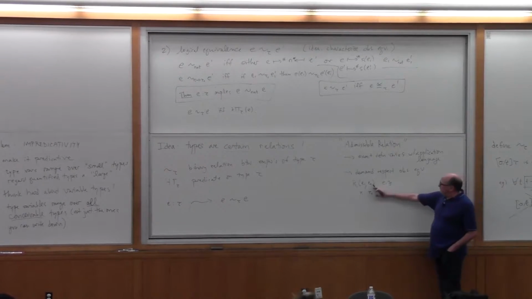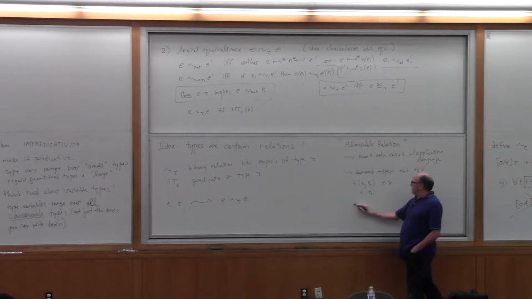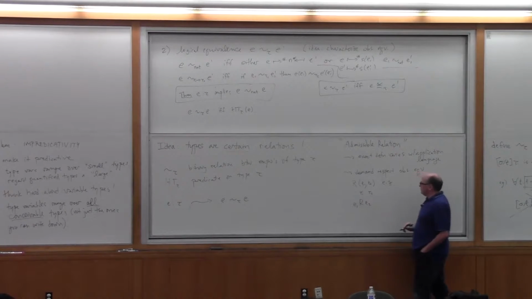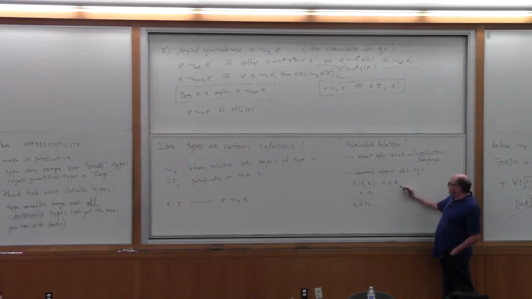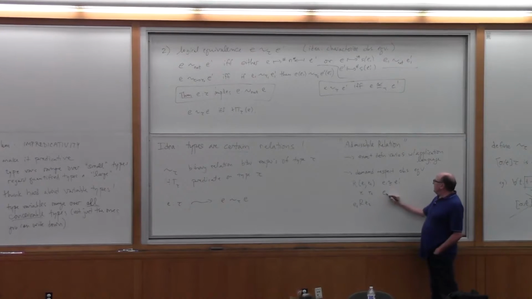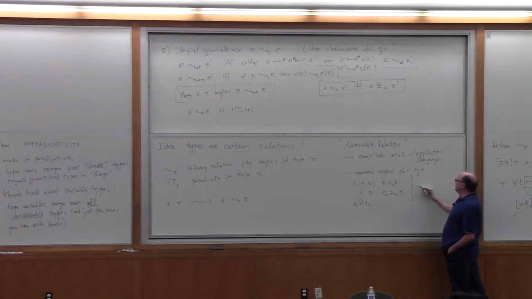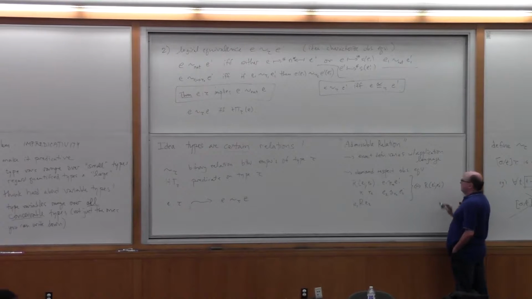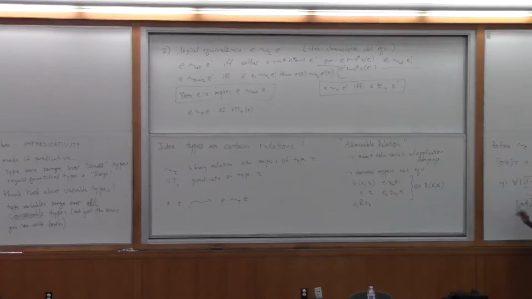So if E1 R E2, if I write it infix, and E1 is observationally equivalent to E1 prime, and E2 is at the appropriate type, tau 2, and E2 is observationally equivalent to E2 prime, then I want this to hold if and only if R holds of E1 prime and E2 prime. In other words, I'm relating things modulo their observational equivalence. I treat the equal things as indistinguishable from the point of view of the relation. Lots of things can be varied for different applications, but for my purposes, this is what I want.